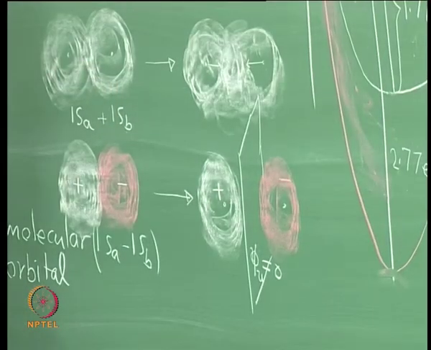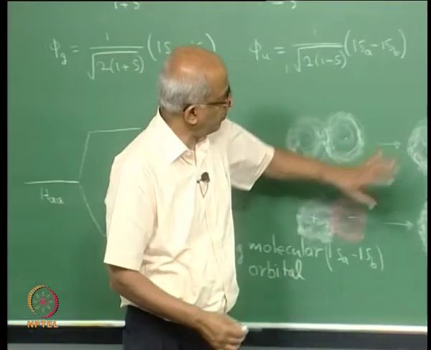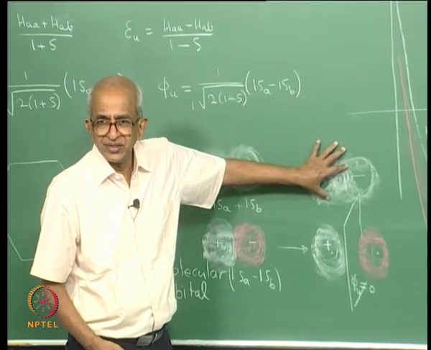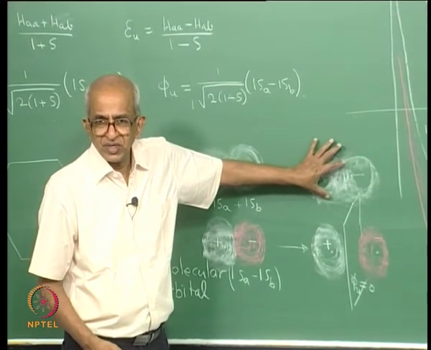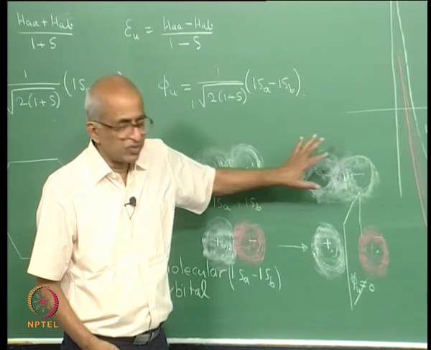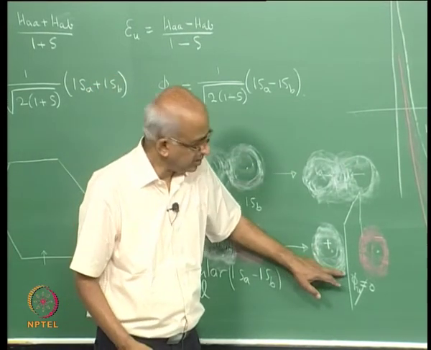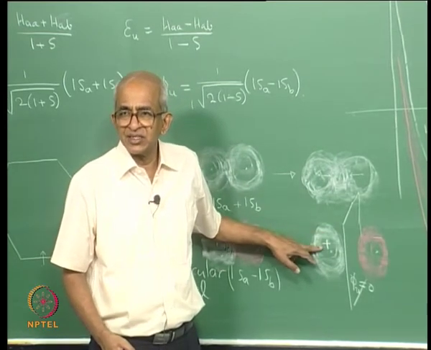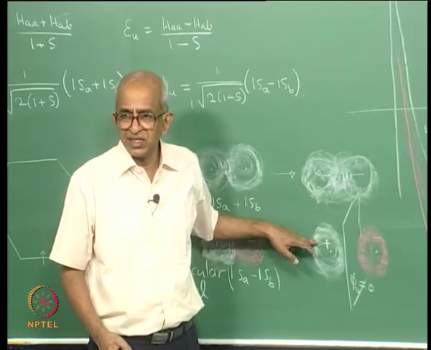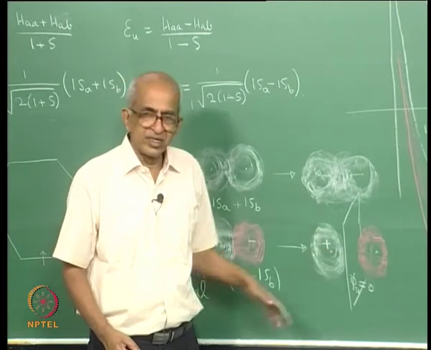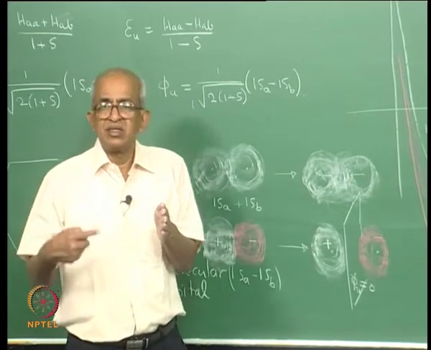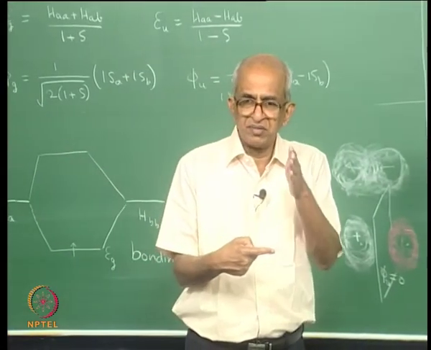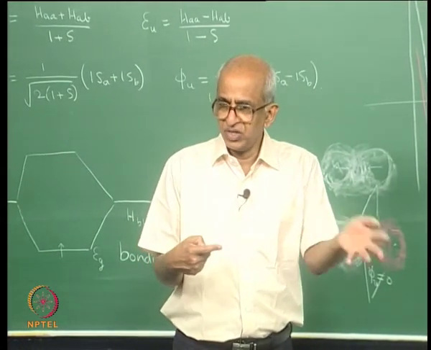Now, that is not surprising, because the lowest possible state of the system has no nodes. Remember, this always happens. But this has one node, which immediately tells me that this represents an excited state of the system, not the ground state. What is that node? It is a plane that bisects the bond, perpendicular to the bond, and cuts the bond into two equal halves.